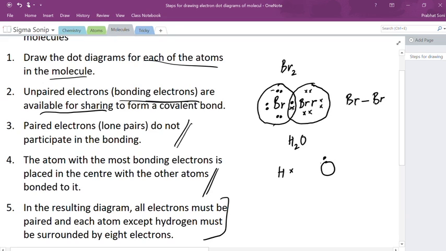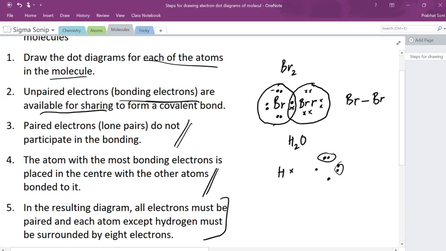So we'll start with single electrons, and then we start pairing them up. So we have 6 electrons here. We see that in oxygen there are 2 lone pairs and 2 single bonding electrons. These lone pairs are not available for sharing, but these single electrons are available.